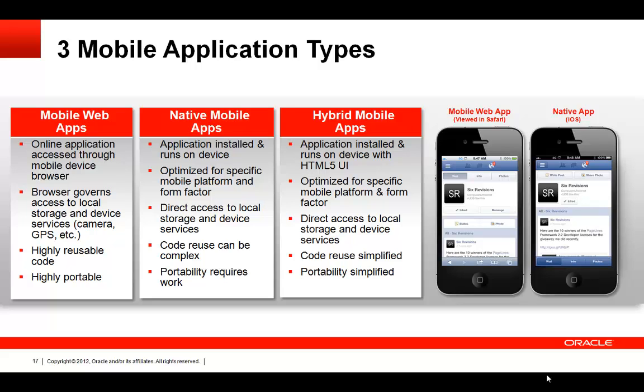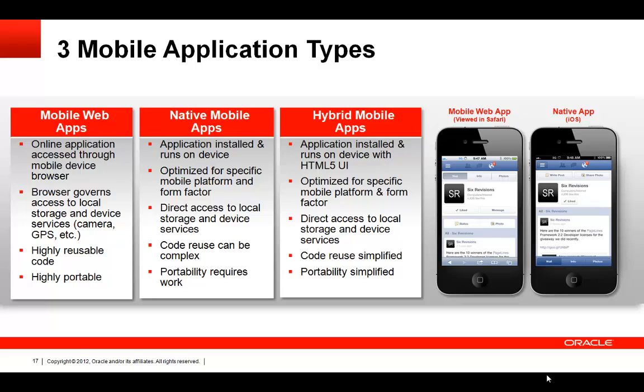So a mobile web application, again, this is an application that you access through the browser that is available on the mobile device. The nice thing there is that in many cases you can leverage your existing backend, your existing skills in terms of web development, and basically build a web interface that is more appropriate for a mobile device. It gives you a lot of flexibility in terms of running for multiple devices, because most of the devices today can present HTML in a good way.